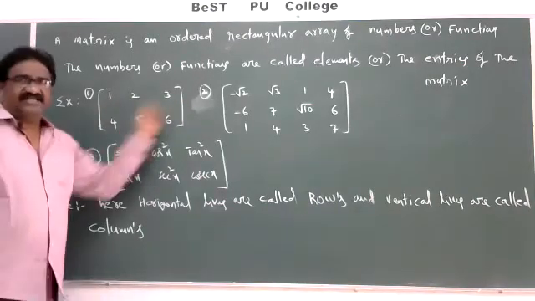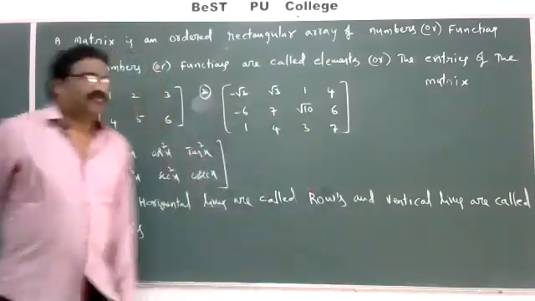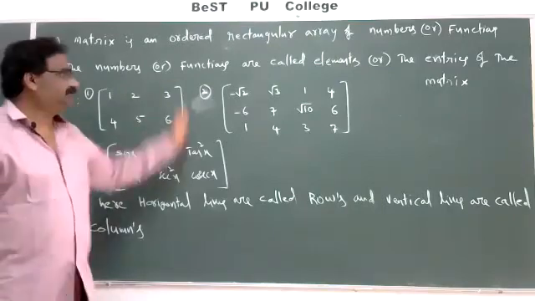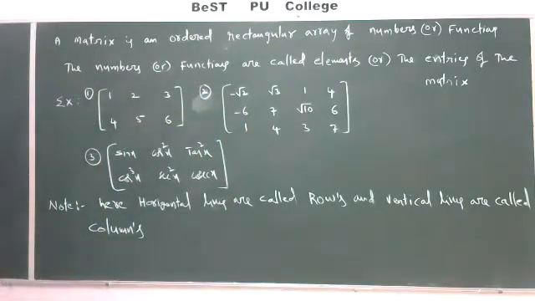Horizontal lines like this, vertical lines like this. That is what is meant by matrix.